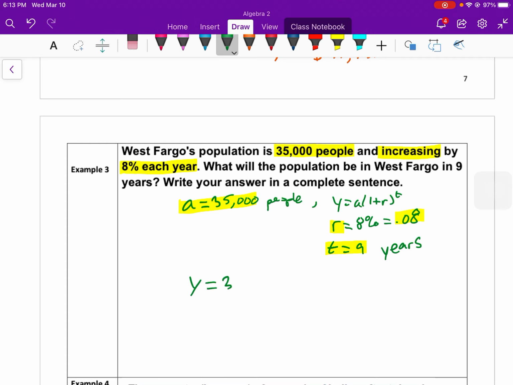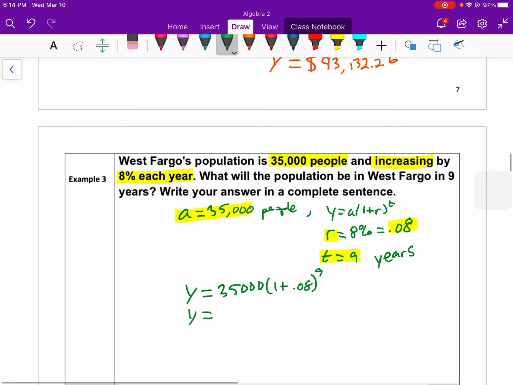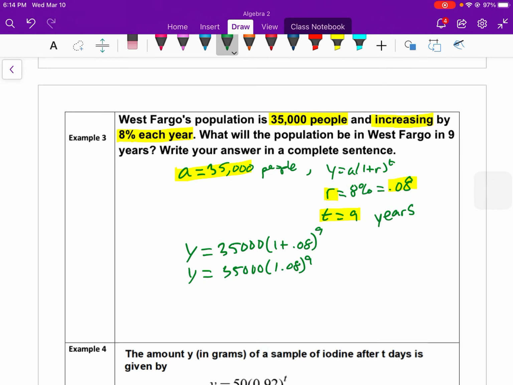So that would be y equals 35,000 times 1 plus 8 hundredths to the 9th power. So I can simplify by combining like terms. 1 plus 8 hundredths is 1.08 to the 9th power. Now I can take my base to the exponent and simplify that.